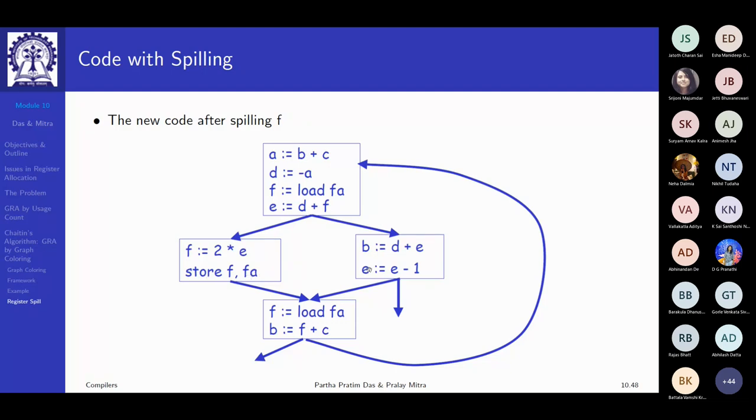The block on the right has no F. The block below has an F which is used, so I have to load F. So I have now changed the code by spilling. It becomes new code with some loads and stores.